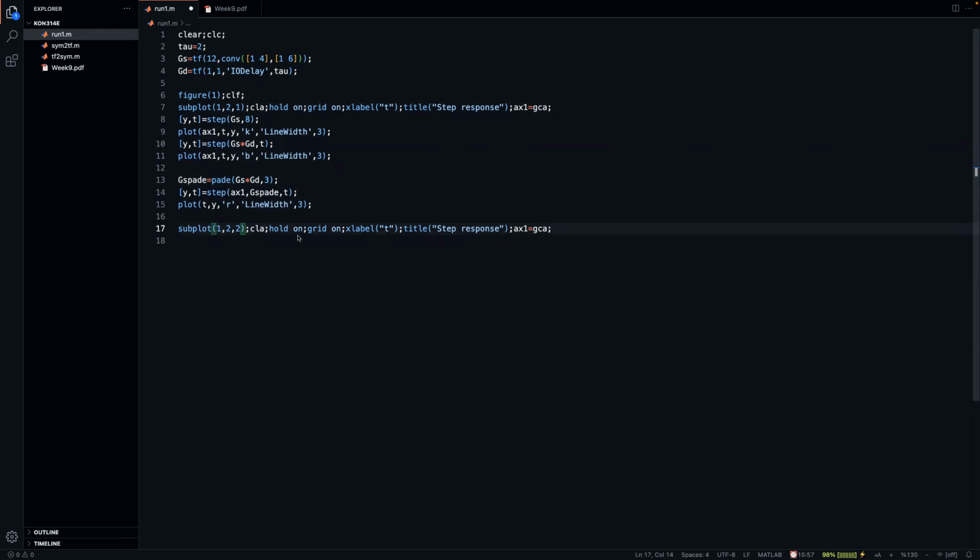So let's have the second one. Pole-zero map.